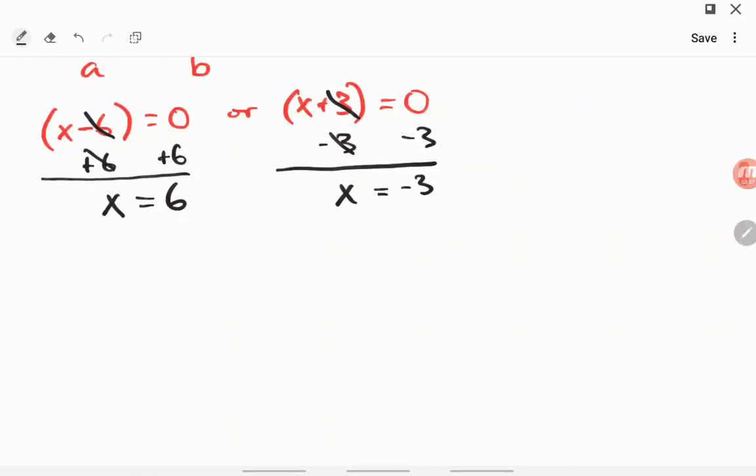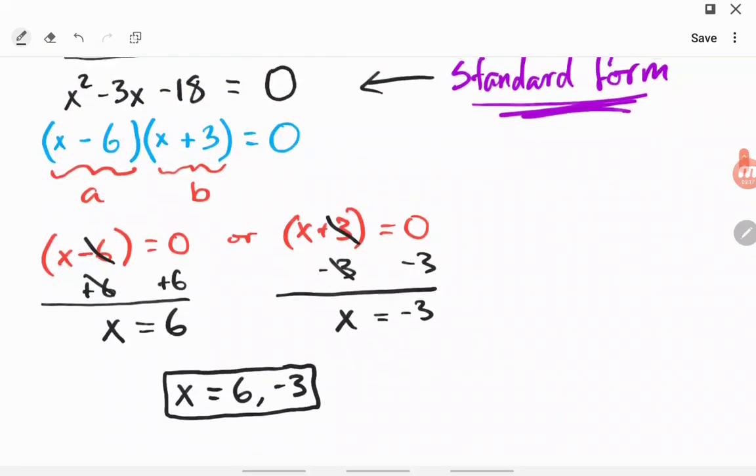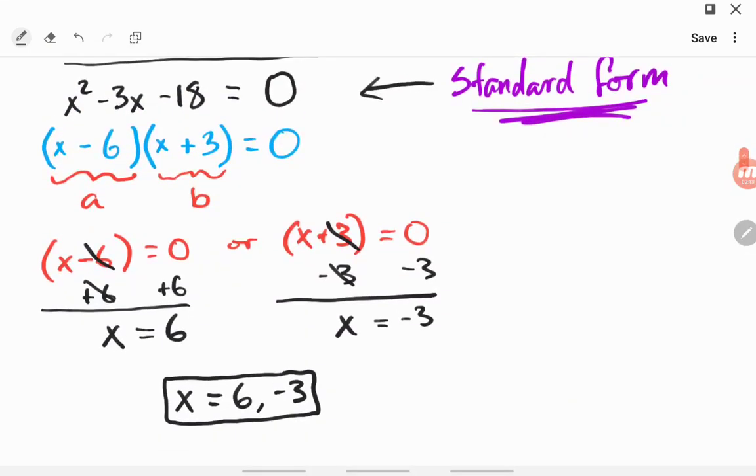Those are your zeros, your roots, your solutions, the x-intercepts, all those things that we were talking about earlier. So we can write this as x equals 6 or negative 3, right? That's our answer. We're done. We have found the solutions to this quadratic equation.